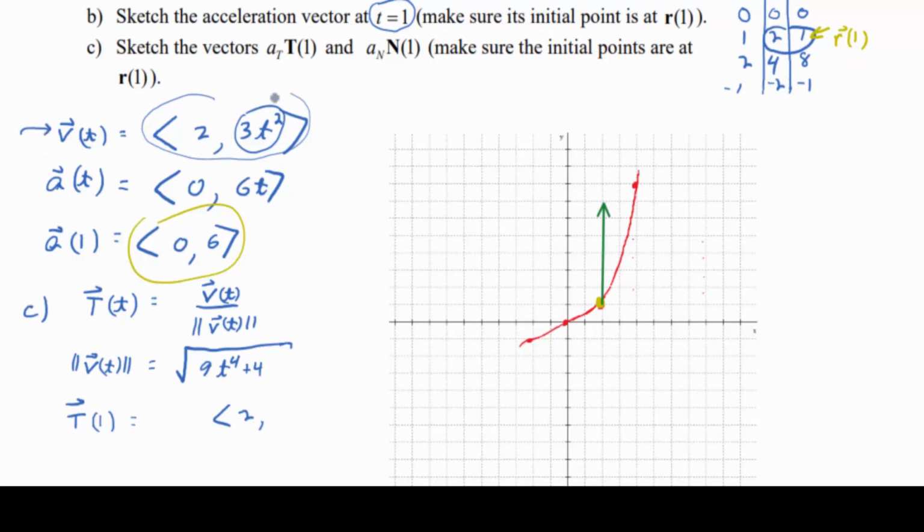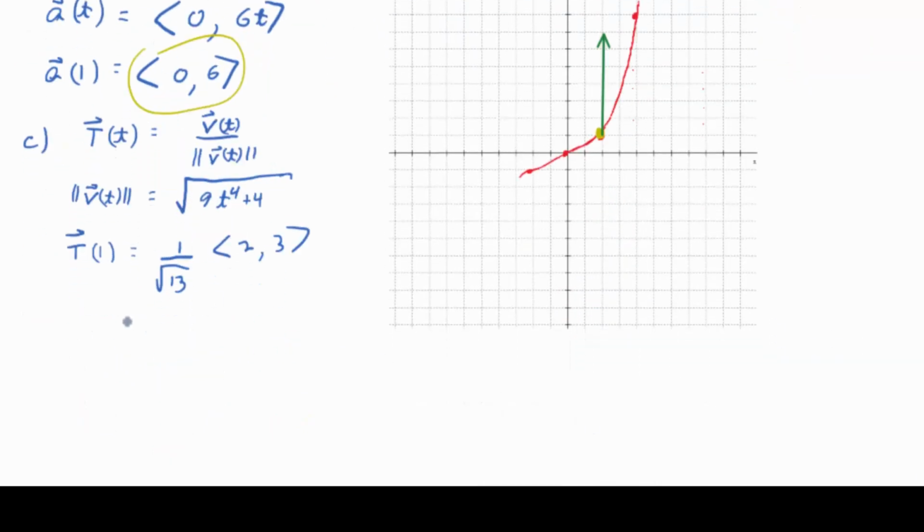What is this guy when you plug in 1? 2, 3. Okay. And then what do you have in front? 1 over root 13. There you go. That's all I was after. Now, it's going to be easier to scalar multiply. So we get 2 over root 13, and then 3 over root 13. Okay.